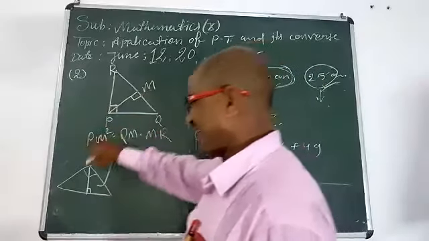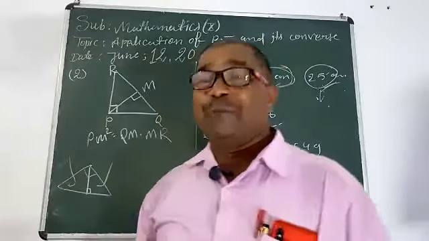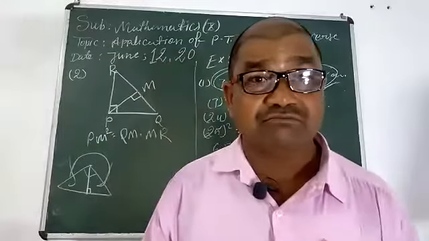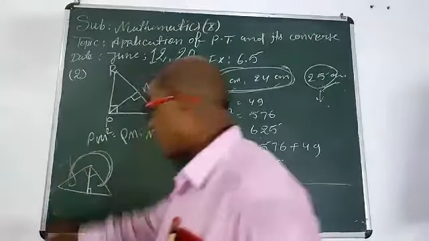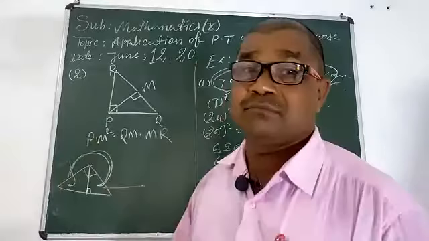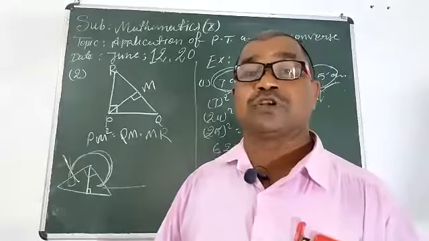This is a right angle triangle, and this is a right angle triangle also. So Pythagoras said these two triangles are similar. This triangle is similar to the original one, and the second triangle is similar to the original one also.